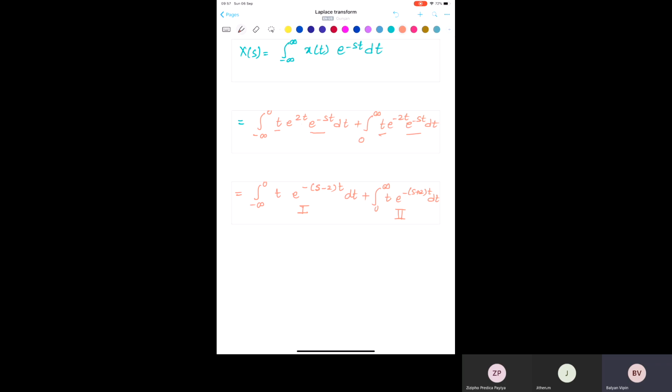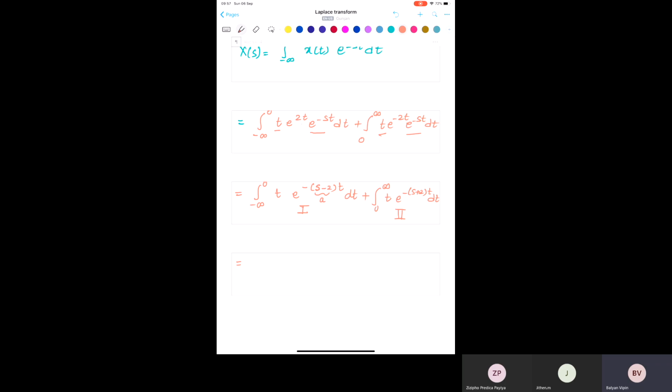This is a definite integration, so we can easily do it. For our convenience, I'm just assuming it as a, because these two factors are almost the same. The difference is one is s minus 2, another one is s plus 2. So I'm just solving the integration using it as a, and then we can put the limits.